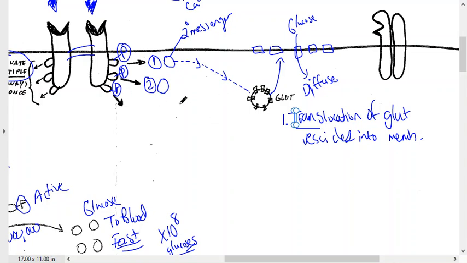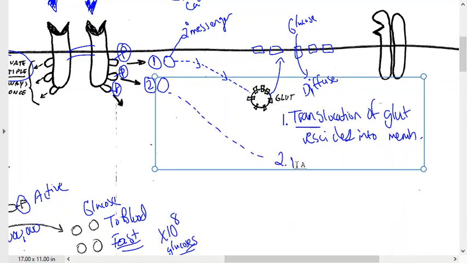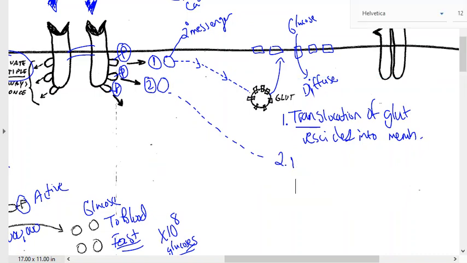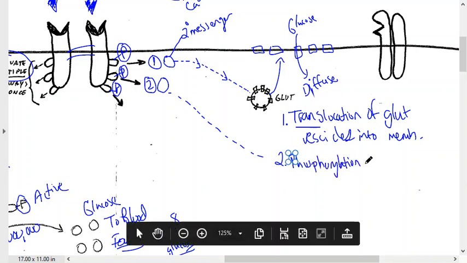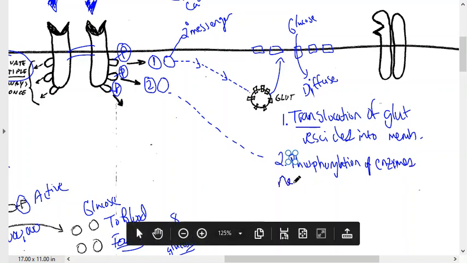And let's say that this second messenger results in the phosphorylation of enzymes needed to make glycogen.